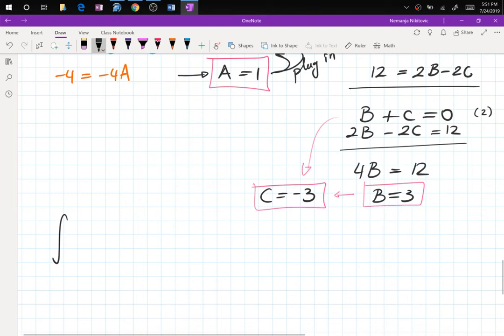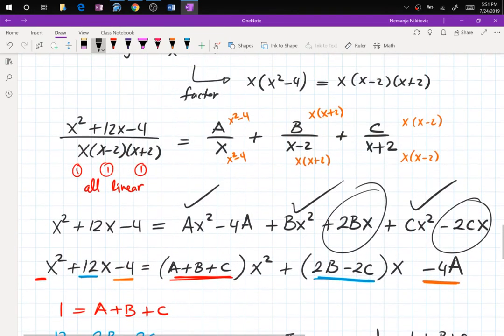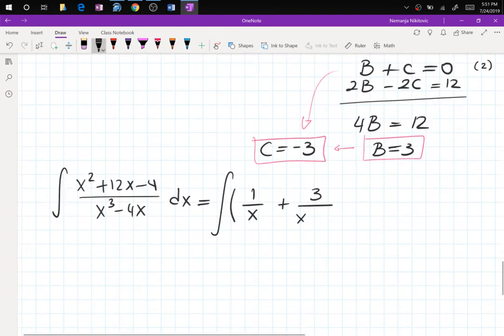So the integral of x squared plus 12x minus 4 divided by x cubed minus 4x dx is going to be the integral of, and now a is 1 over x, plus b is 3 divided by, what was it, x minus 2. And finally, the c is negative 3, so it's a negative here. Negative 3 over x plus 2, everything dx.